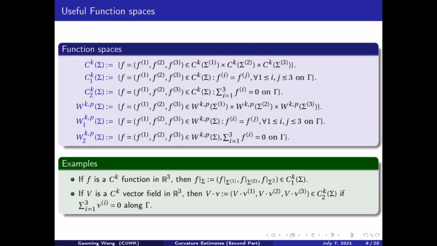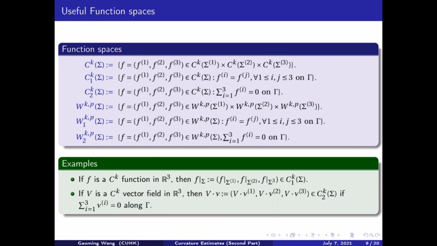Just like the Ck space, we have three kinds of Sobolev space here. Again, we say a function is in Sobolev space WKP if each component fi is a WKP function on sigma I. There is no restriction when talking about the values on the boundary.